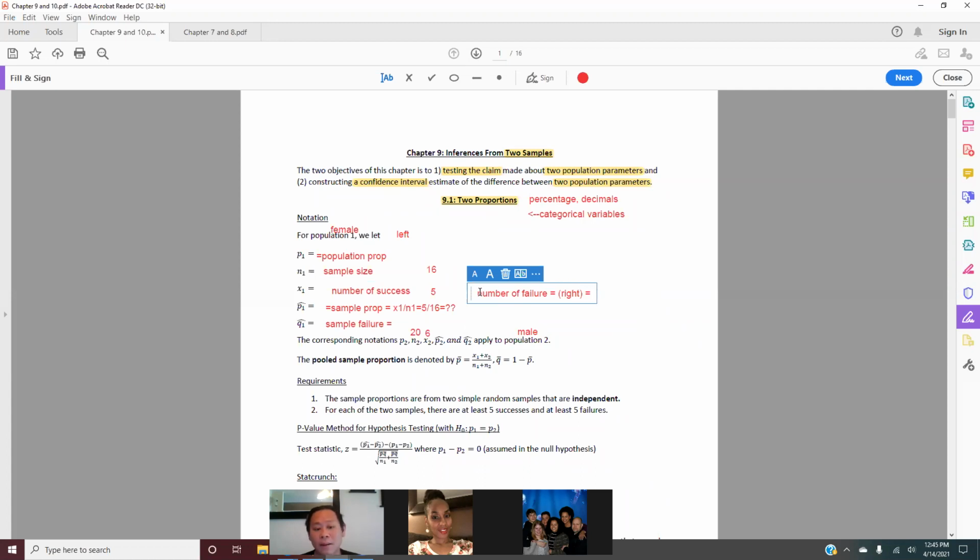Because success is left, failure is right. How we figure it out is you subtract the number of successes from the sample size. So in this case, it's 11, so it's going to be 11 out of 16. That is how you figure out q1 hat.